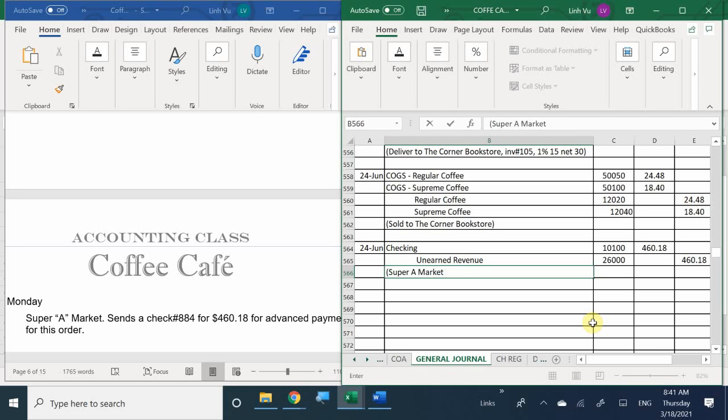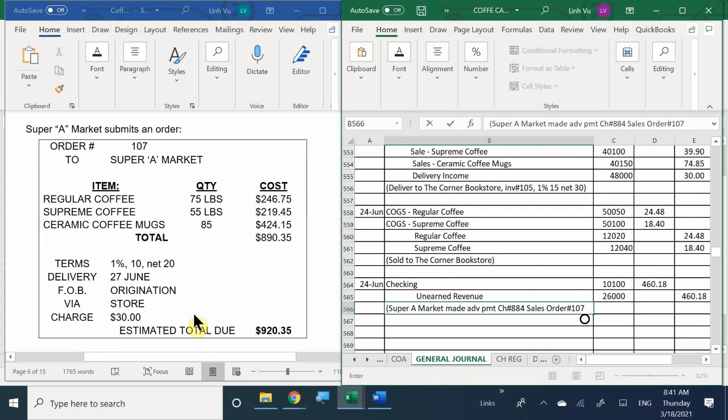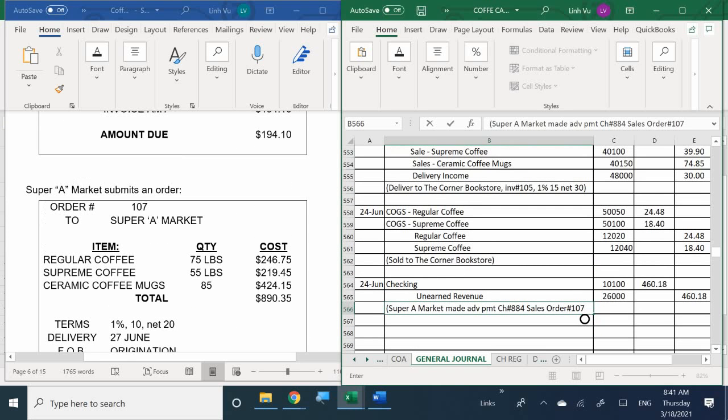So Super A made an advance payment, check number 884, for sales order number 107. Right? 107? Yes.